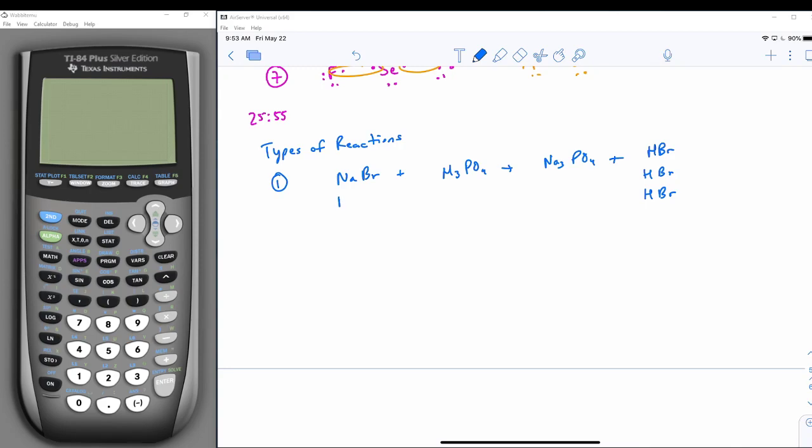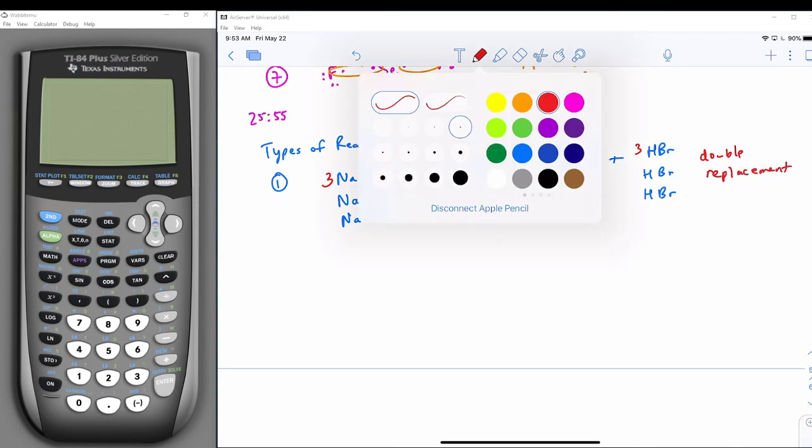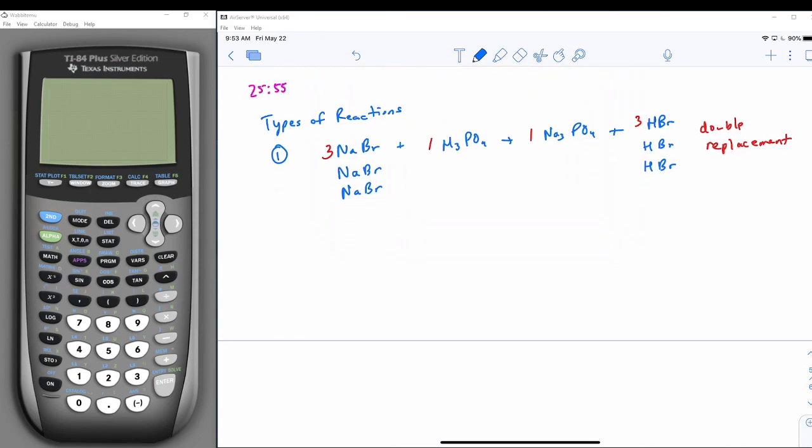And then 3 Na's on this side means I need to add Na's on this side. Now my Br's are equal, my H's are equal, my Na's are equal, my PO4's are equal. So my overall balanced reaction is 3, 1, 1, 3. And this is a double replacement or displacement reaction, because you have two compounds that are swapping partners.